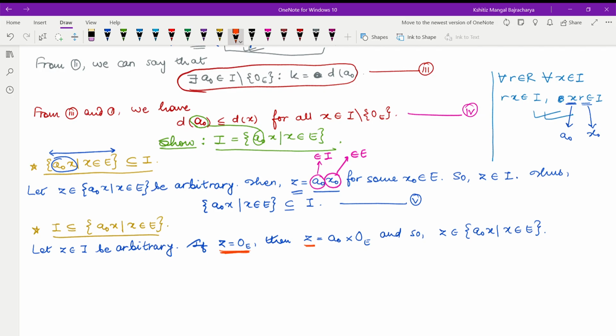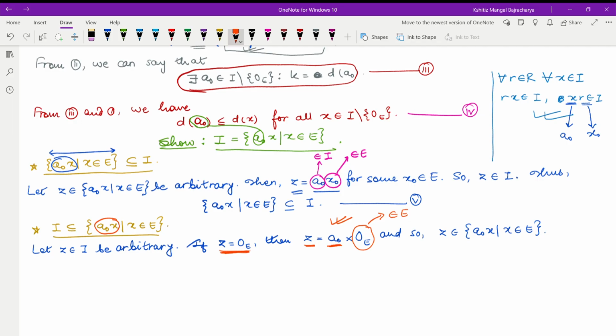Since 0 can be written as the product of 0 and any element of E, and in particular an element of I, because I is a subset of E, this expression holds. So Z is equal to a0 times some element of E. So this is in the form of a0x. 0 is equal to a0 times the 0 element.